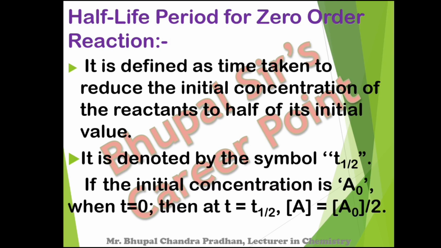If the initial concentration is A0 when t is equal to 0, then at t is equal to T half, A is equal to A0 by 2, because by definition T half is the time by which initial concentration becomes half. So A is equal to A0 by 2.